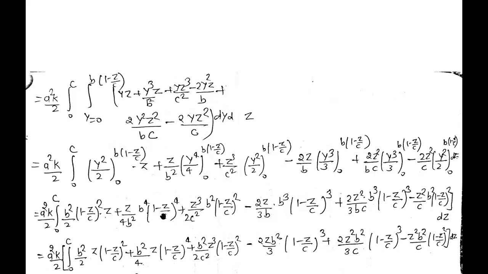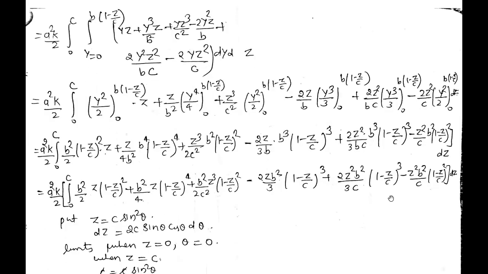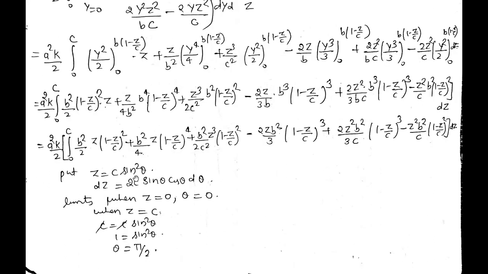Now, the calculation here: you will put z = c sin square theta, and dz = 2c sin theta cos theta d theta, and put the limits of z. If z = 0, you will get theta = 0. When z = c, then you will get pi by 2.